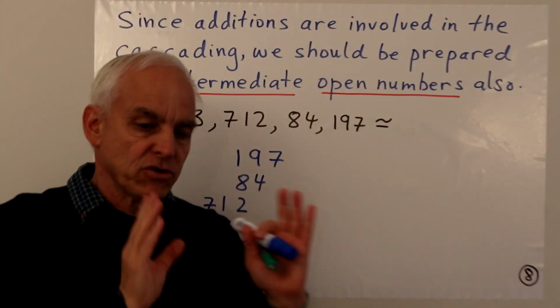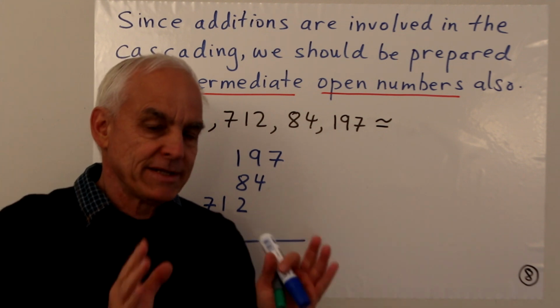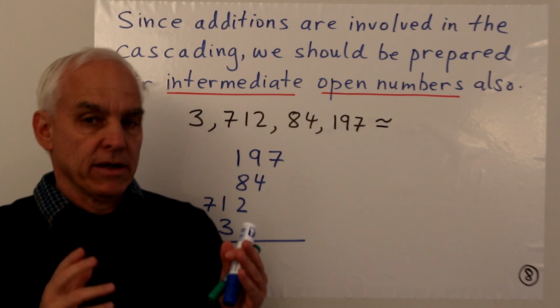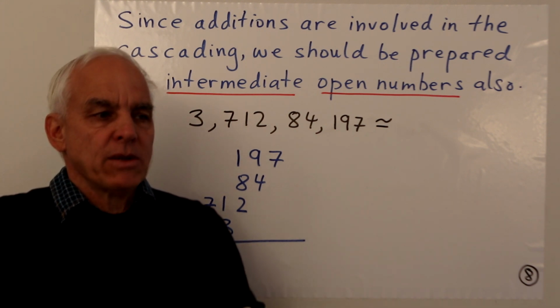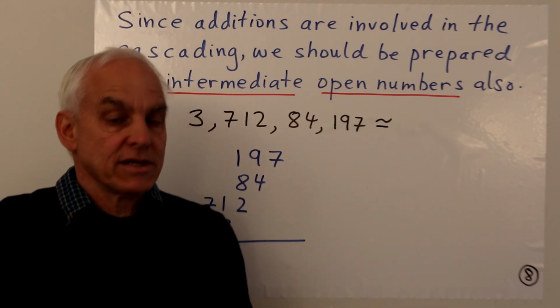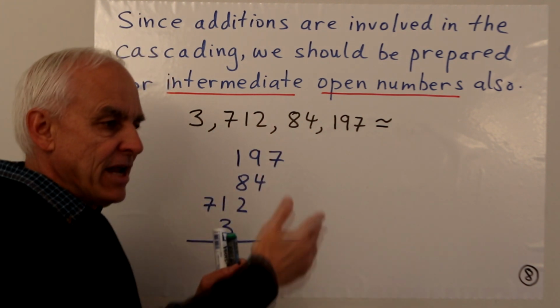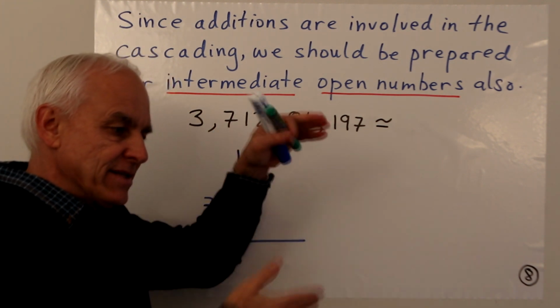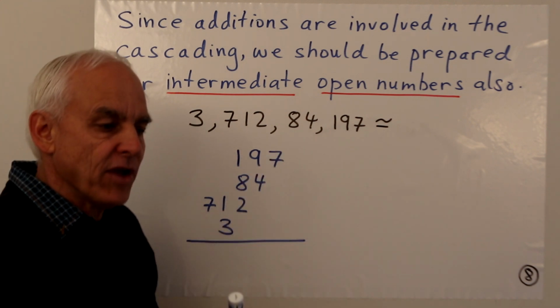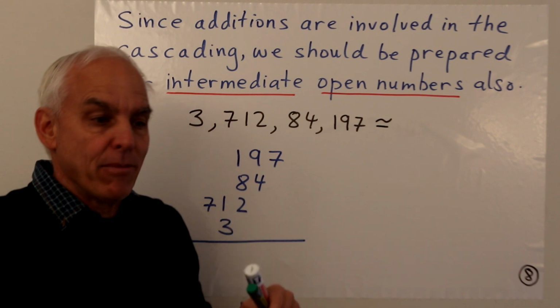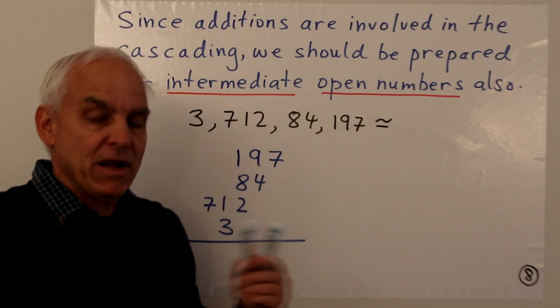Now, the examples that I've shown you up till now are a little bit simple. There's some additional complication that can arise, which means that we have to iterate the process sometimes. Okay, and that's because when we're at the stage of adding the cascading array that we've set up, there's additions involved, and it might very well be that we get numbers that are bigger than 9.